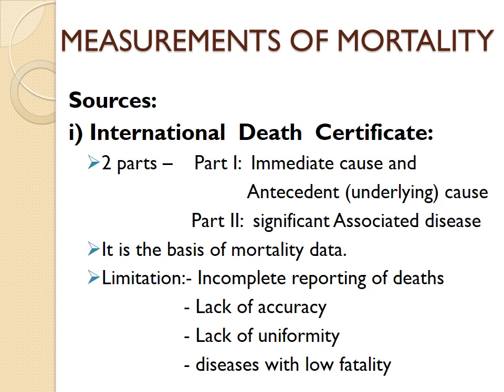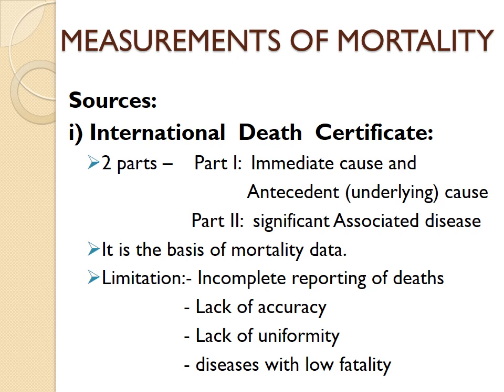So what is the international death certificate? Usually the international death certificate comprises two parts. Part 1 signifies the immediate cause of death and also the antecedent or underlying cause of death.